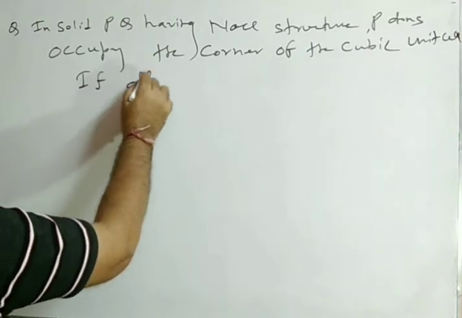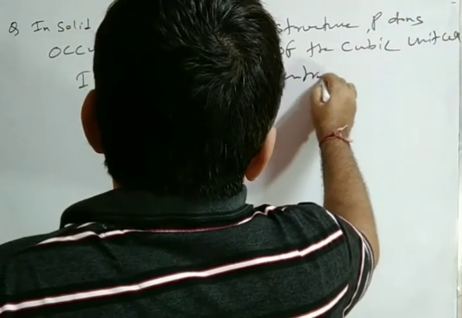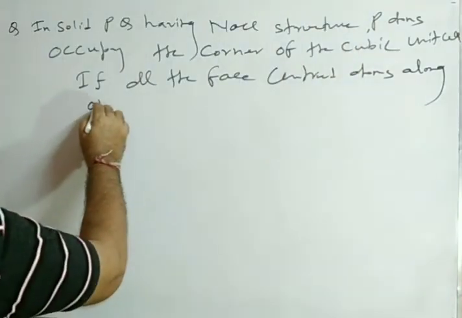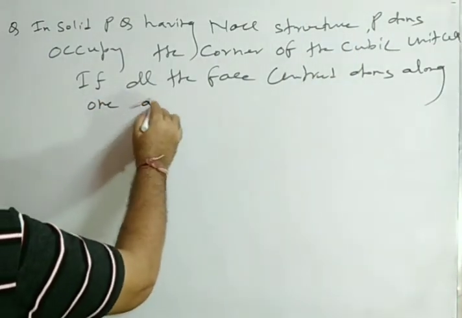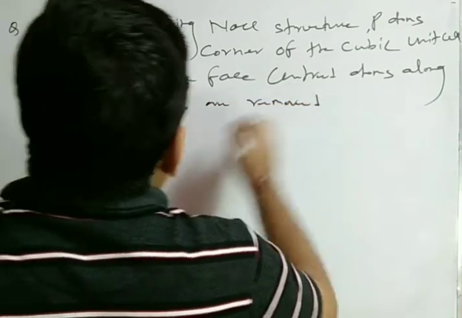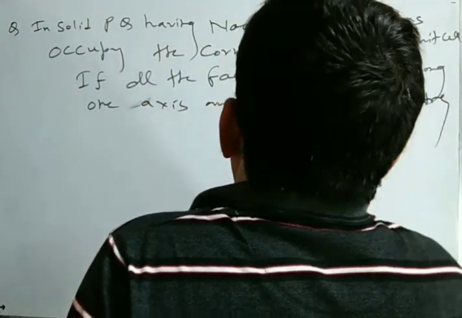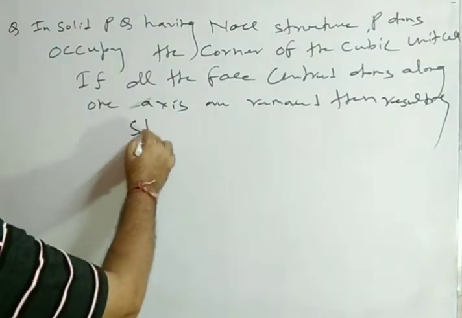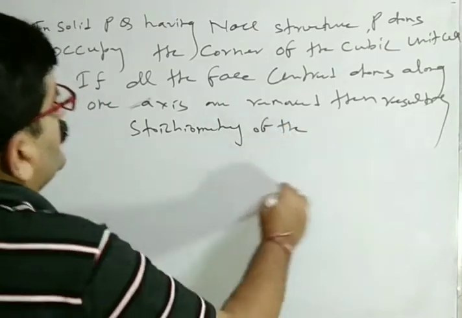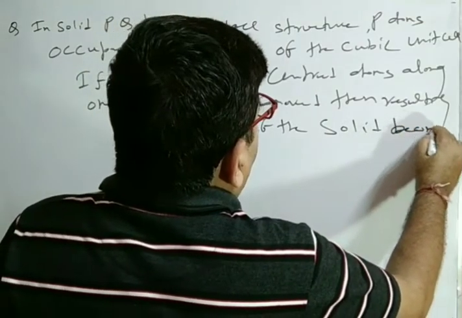If all the face centered atoms along one axis are removed, then the resulting stoichiometry of the solid becomes what?